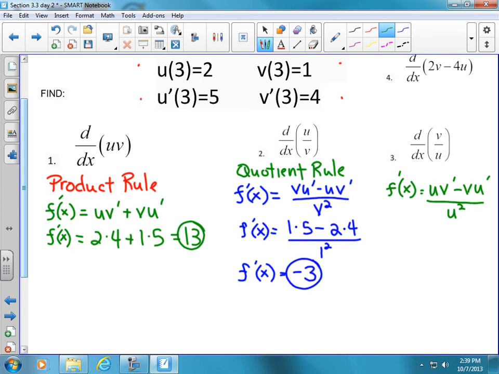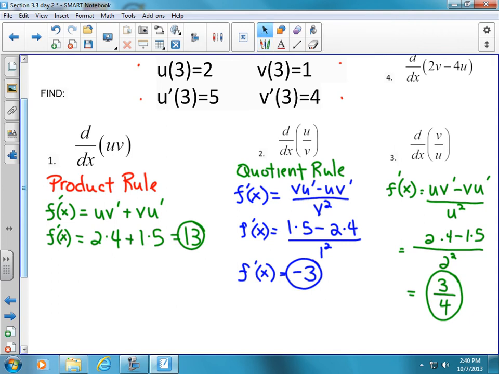U is 2. So we also have 2 squared down here. 2 times v prime, which is 4, minus v times u prime, which is 1 times 5. So 8 minus 5 is 3 over 4. So that is our answer to number 3, where we have v over u. Notice how number 2 and number 3 are not the same.